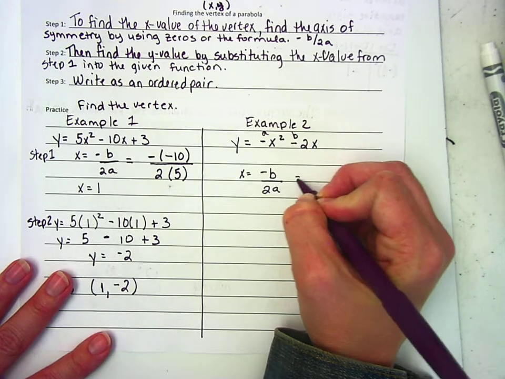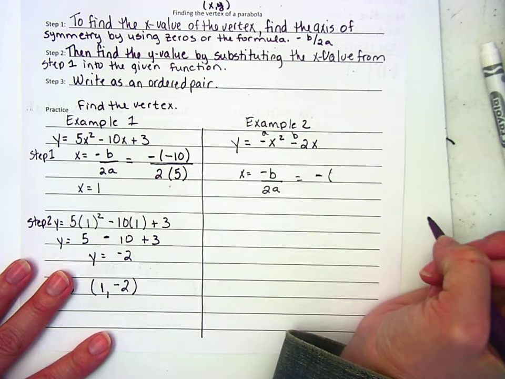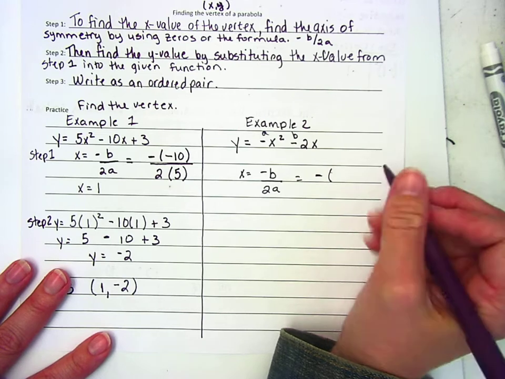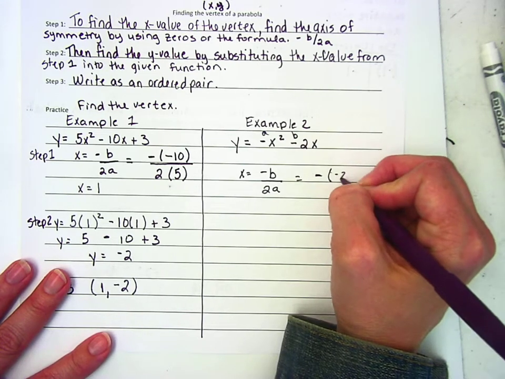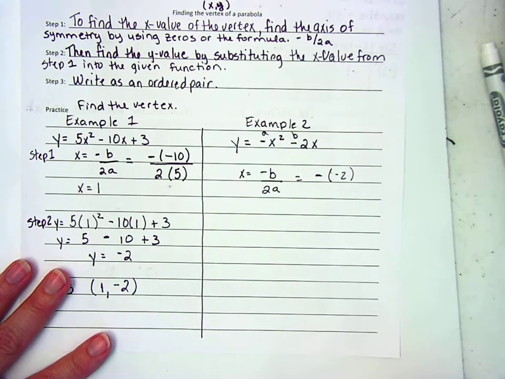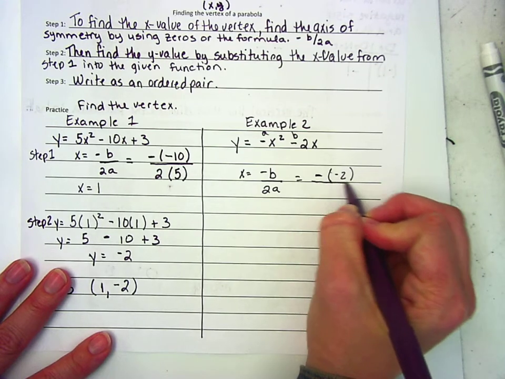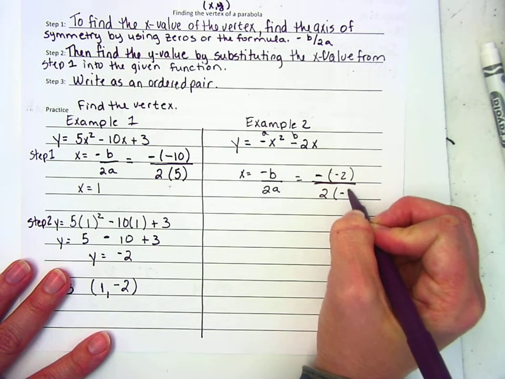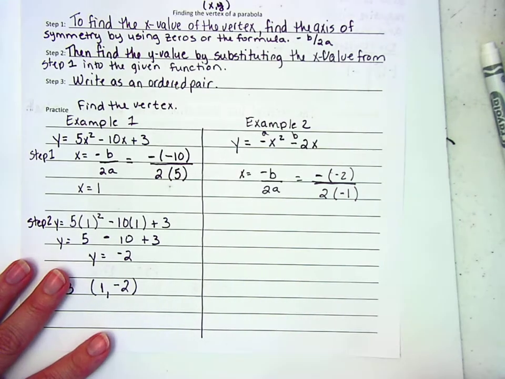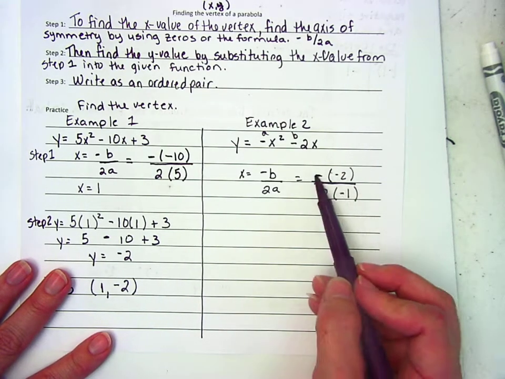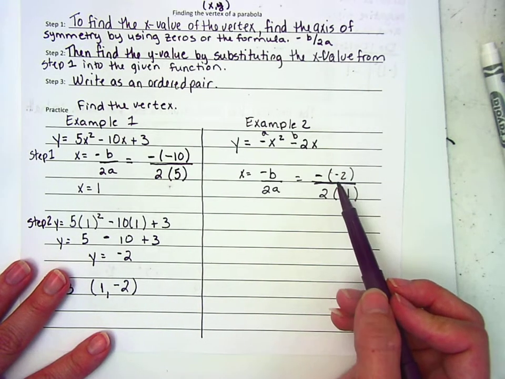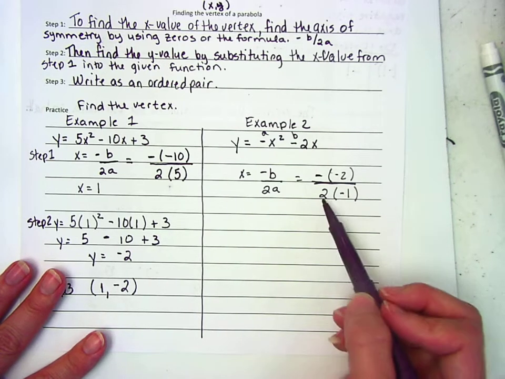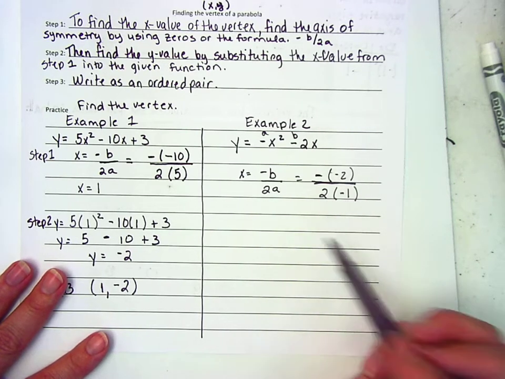Okay, so negative, open parentheses, the value of b is? Negative 2. Divided by 2 times the value of a? Negative 1. Negative times a negative 2 gives me 2, positive 2 over negative 2, which gives me?